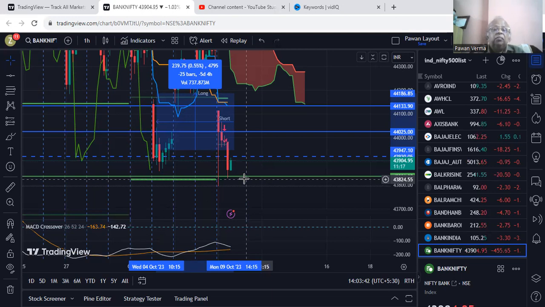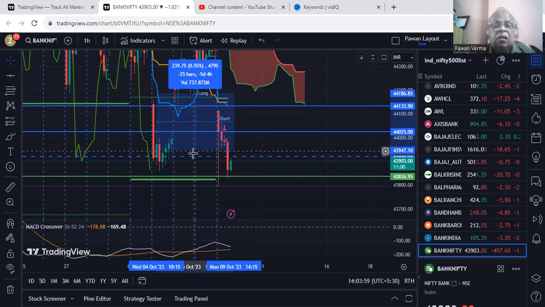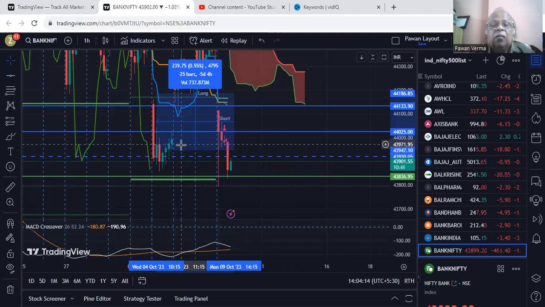So friends, initially there is a possibility of a downward move till at least this candle. 43,970 is reaching.